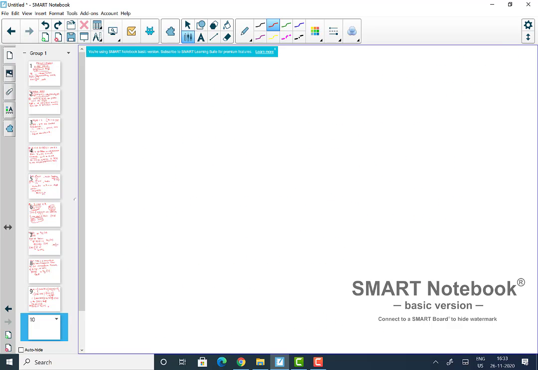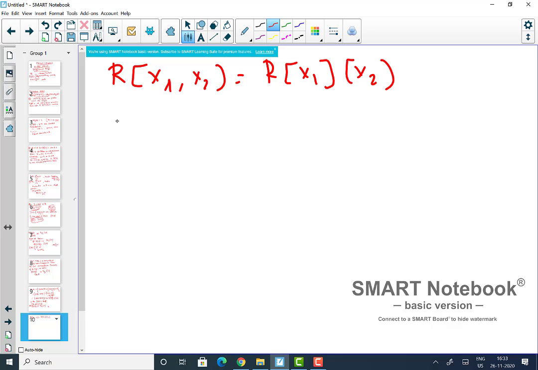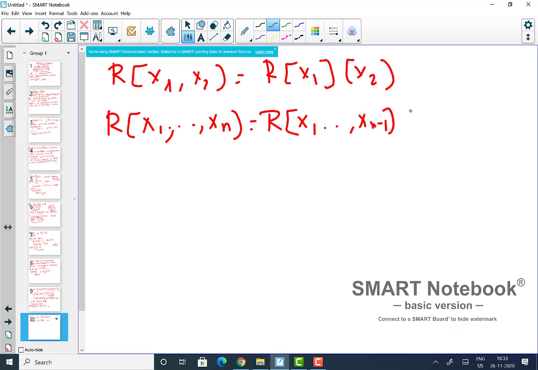Now for polynomials with multiple variables, you can write R[x1, x2], which is nothing but R[x1][x2]. Similarly, you can do this for any n variables. On the one hand, you can write the polynomial ring over R with all those other variables, or you can choose n minus 1 variables and then x.